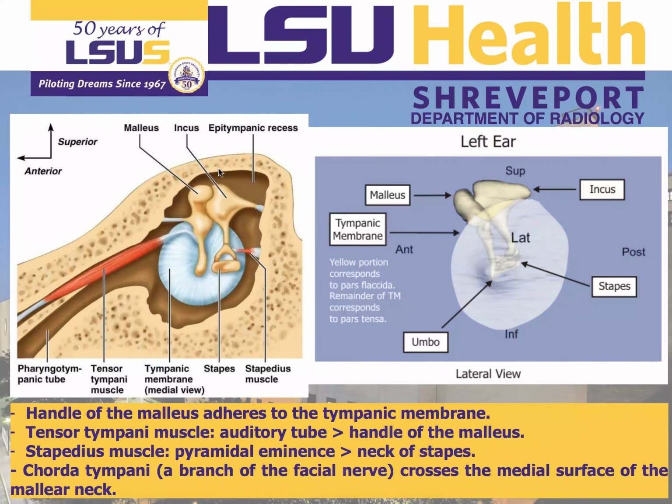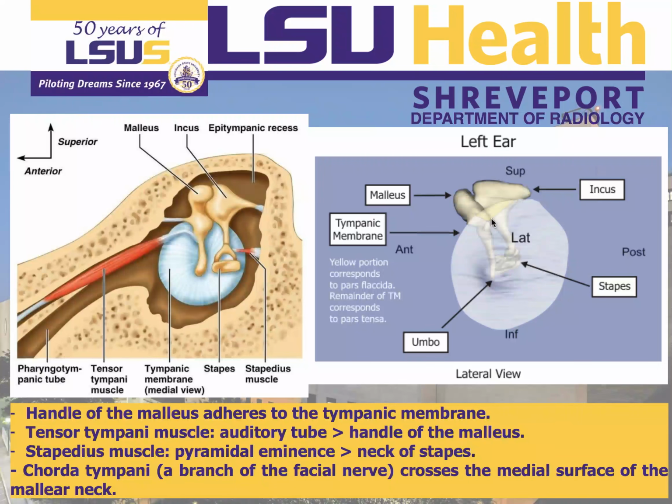This is the middle ear. This is a view from outside, like when you're doing an otoscopy, and this is a view from inside. Okay? When you do the otoscopy, the tympanic membrane should be transparent. And it's like a drum, so the tympanic membrane is tensa, it's stretched.